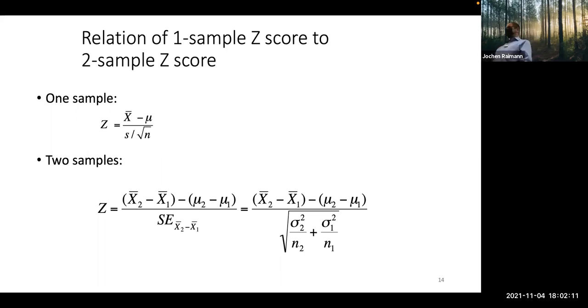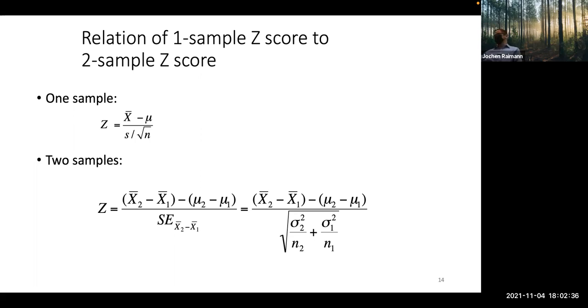So the way you would analyze this is this formula. You don't need to know the formula, but you need to understand what it entails. You're treating this as if you had drawn repeated random samples, and you get sample 1 and sample 2 means: x bar 2 minus x bar 1 minus mu 2 minus mu 1.